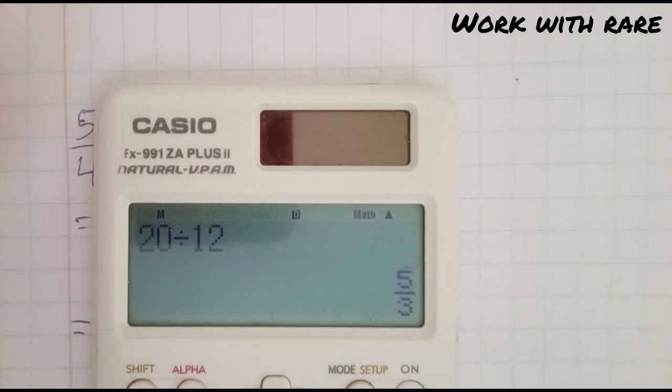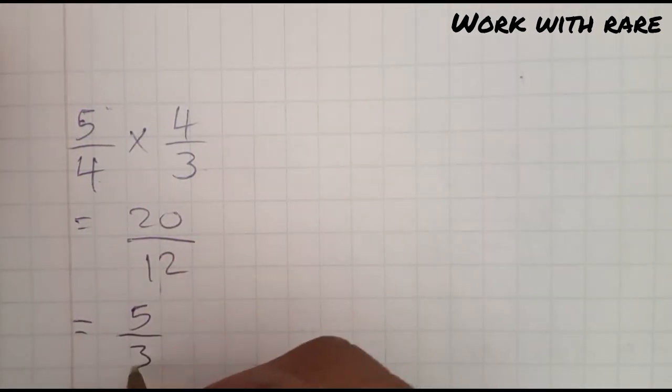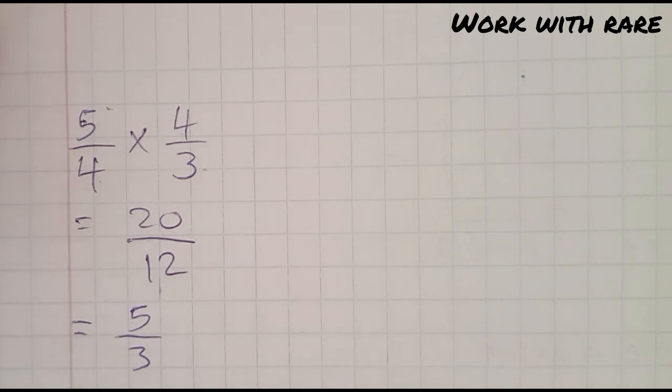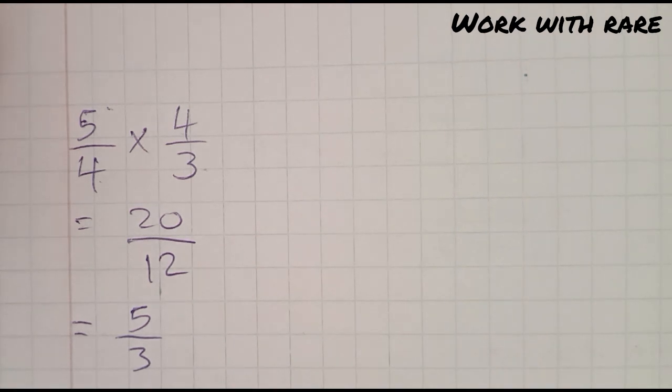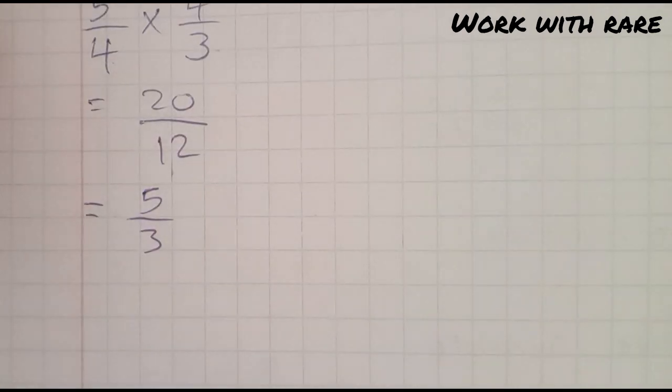Okay, so our final answer is 5 over 3. So your final answer is 5 over 3. So in this way you showed all your calculation, and yeah, that's what they want. So you'll get full 3 marks because you showed all your calculation and you got the final answer correctly. Okay, so let's move.